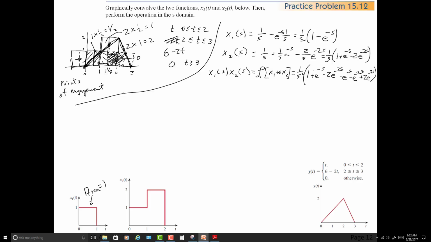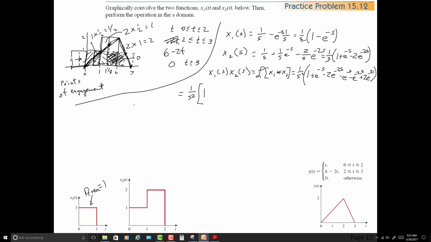So let's see what we got. Where is my pen? Here we are. All right. So what does this give us? Let me first clean this up. So this is 1 over s squared times 1.